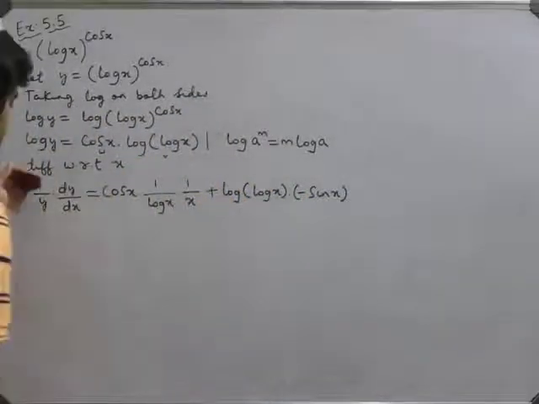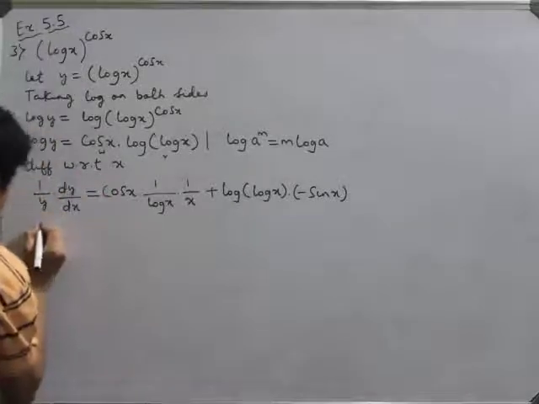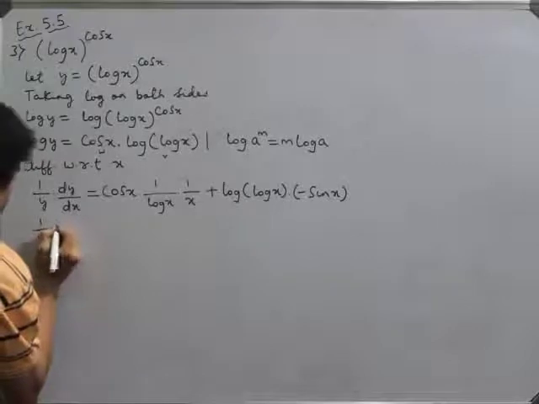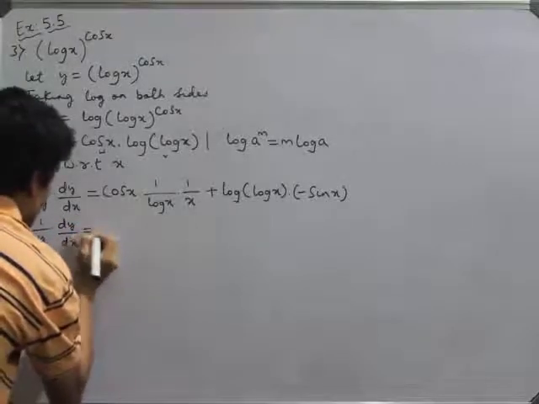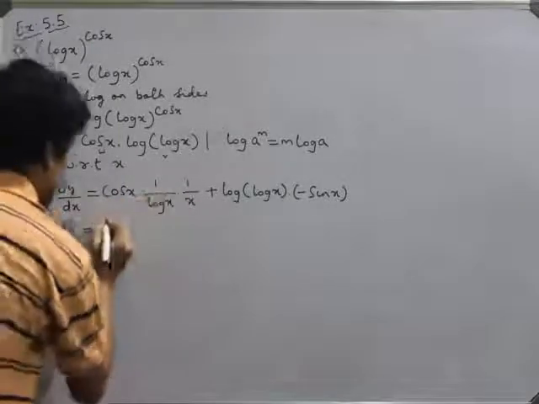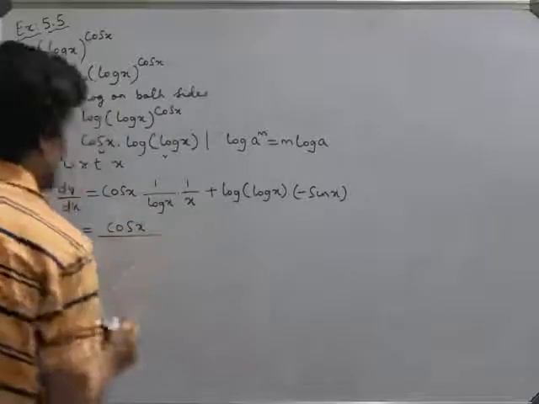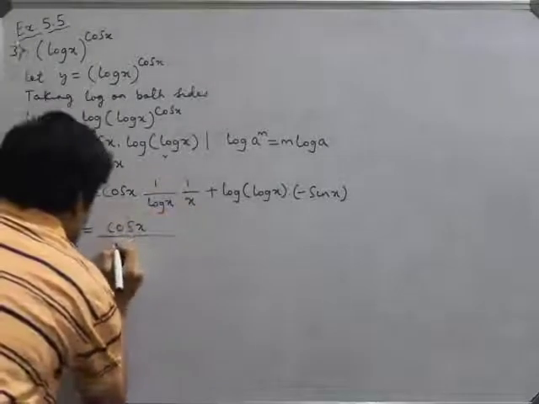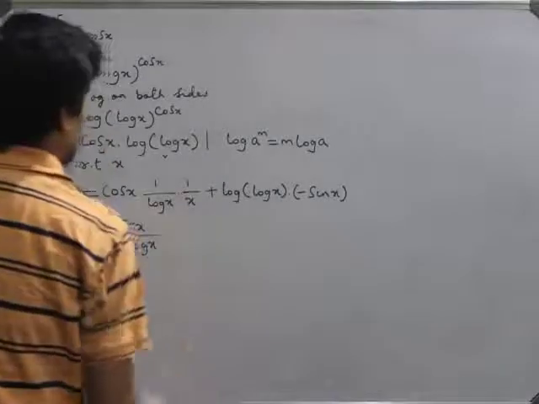Next, here 1 by y into dy by dx, let it be as it is. 1 by y into dy by dx is equal to, now here you have to simplify. How will you simplify? Take this cos x as numerator divided by x into log x.